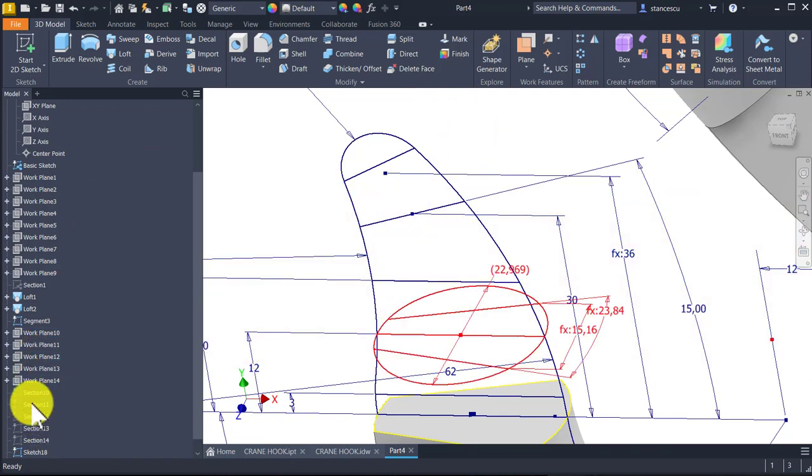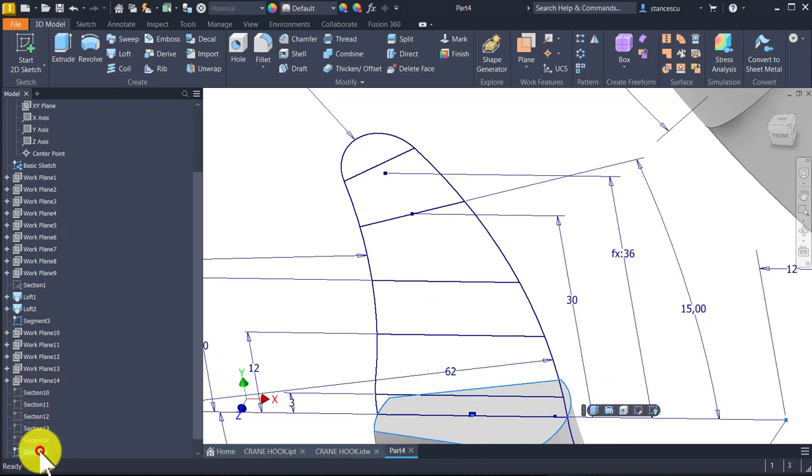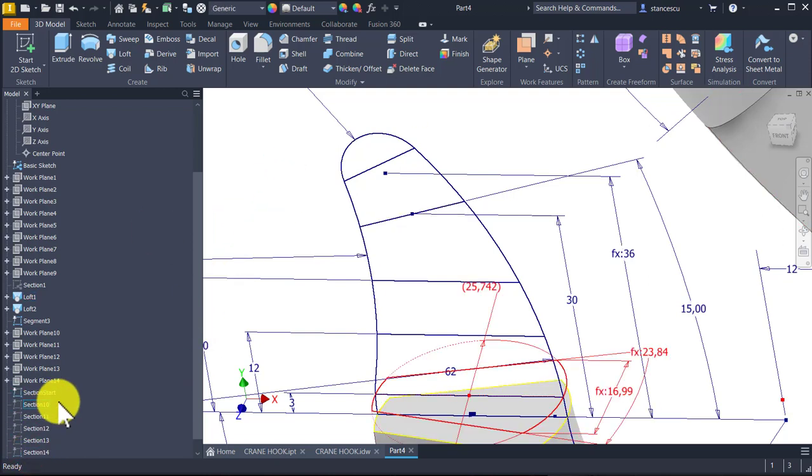Yes, I make all of them visible. Let me give a name here to be consequent. Section start is this one, and it must be placed at the beginning.